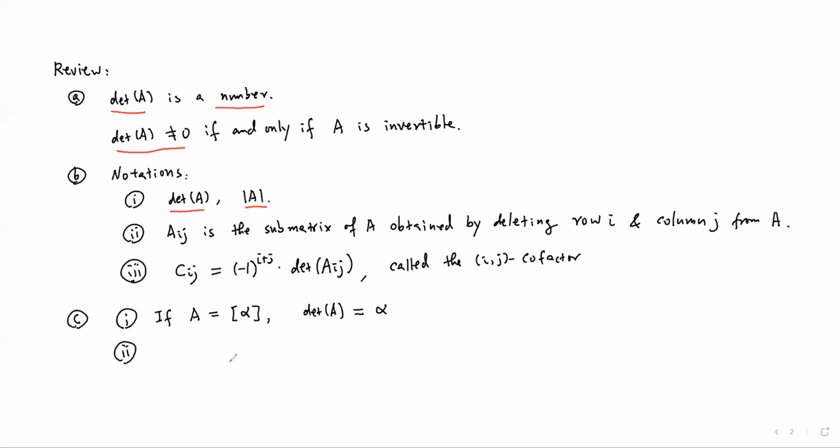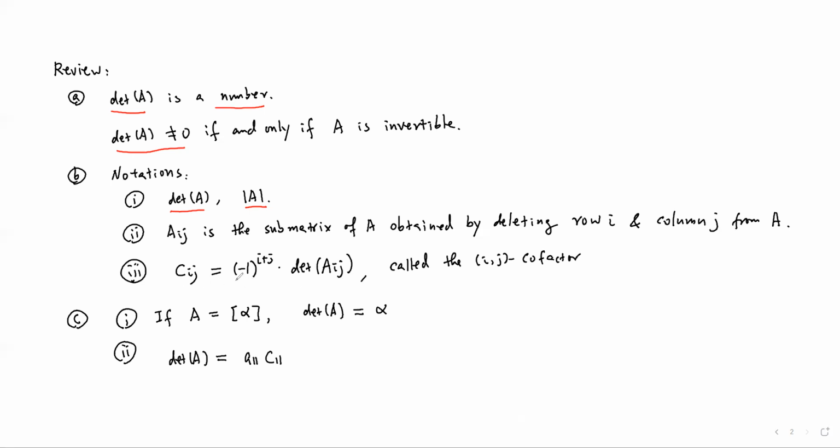Second case, for a matrix of any other size, the formula is: determinant of A is equal to, look at the first row of the matrix A. The first row, first entry is A11, times C11.